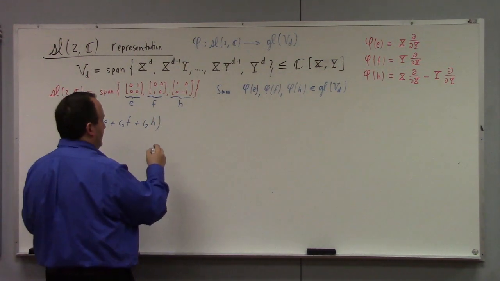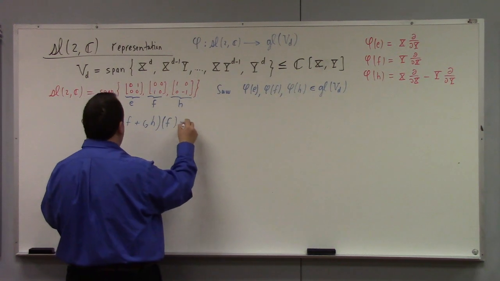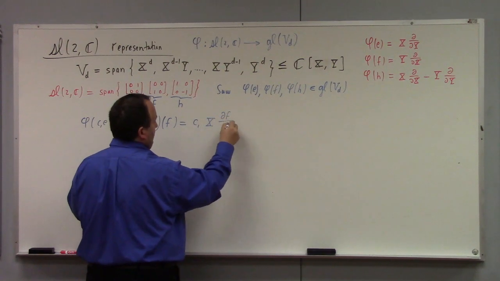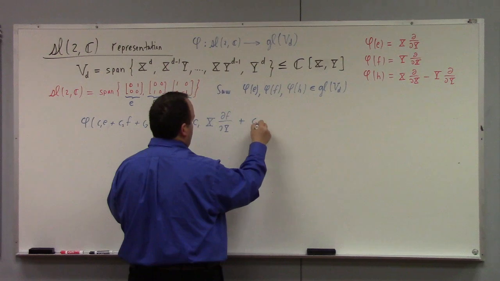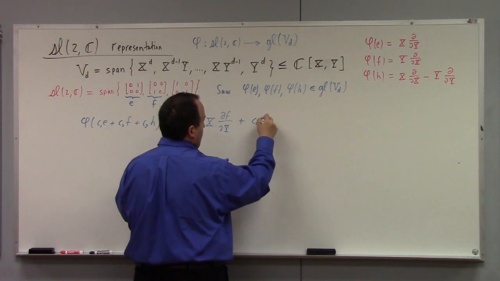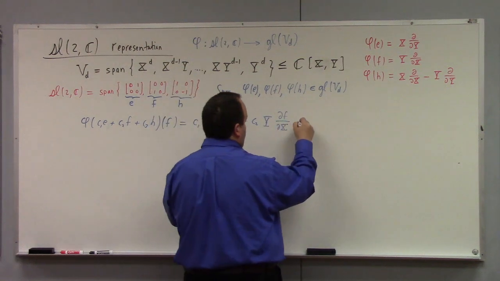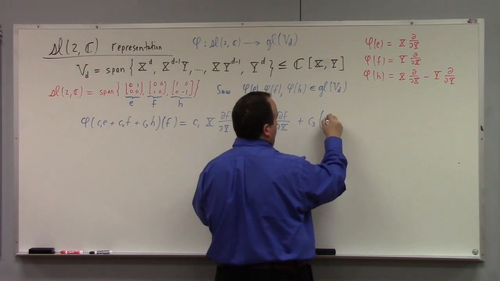Then that acts on, let's say f, according to C1 x partial f partial y plus C2 y partial f partial x plus C3, and then we've got x.